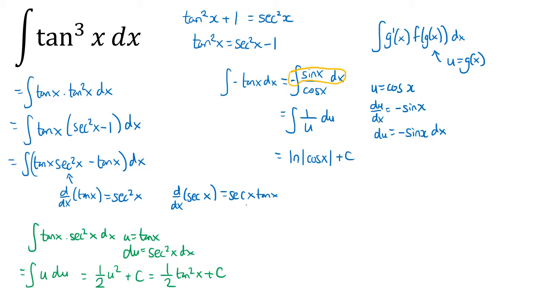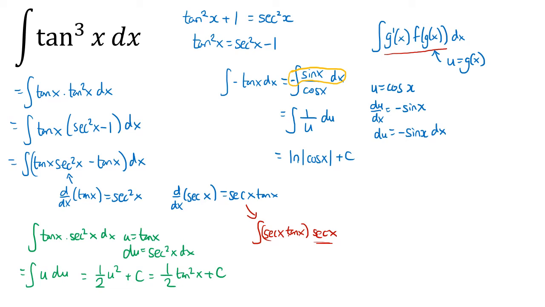The other way of going about it is to rewrite the integral in a slightly different way. We'll write this as sec x times sec x tan x. So looking at the general form that I want for a u substitution in the top right there, you can see that I've got sec x. Okay, so there's my function g of x. In this case, it's just to the power of 1. That's not very exciting, but there it is.